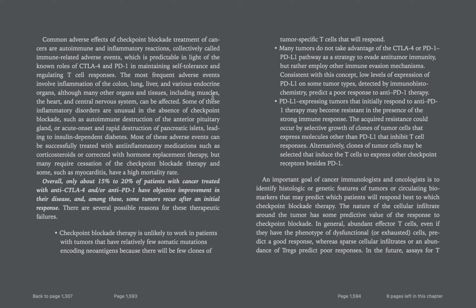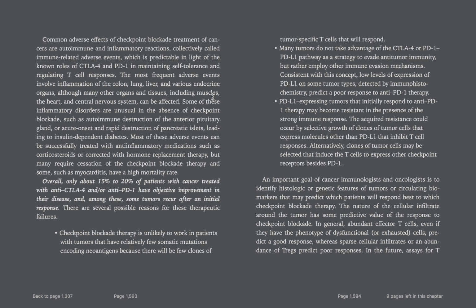In general, abundant effector T cells, even if they have a phenotype of dysfunctional or exhausted cells, predict a good response, whereas sparse cellular infiltrates or an abundance of Tregs predict poor response.